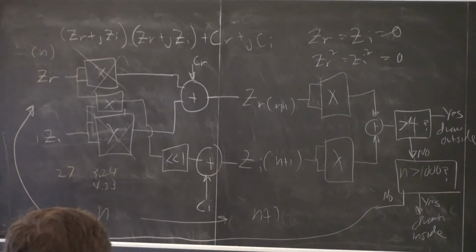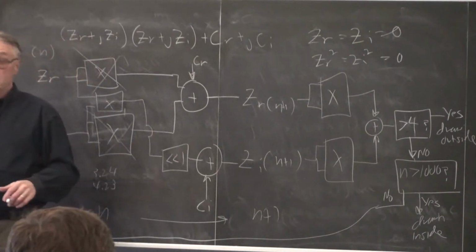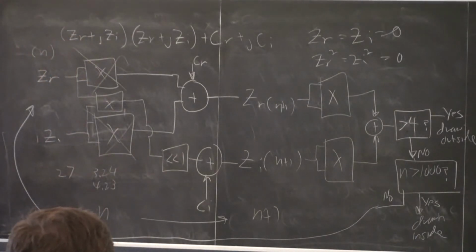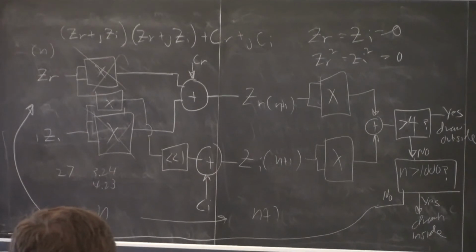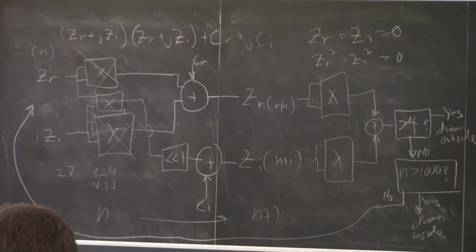How much state do you have to maintain for each iterator? From cycle to cycle, all you need is Z real and Z imaginary, or the square of those. Actually, you need both, because you need the product of these, so you need either 3 or 4 words depending on how you arrange it, which suggests that even if you have 28 or 30 solvers, you'll still only be using something like 150 27-bit words of registers.